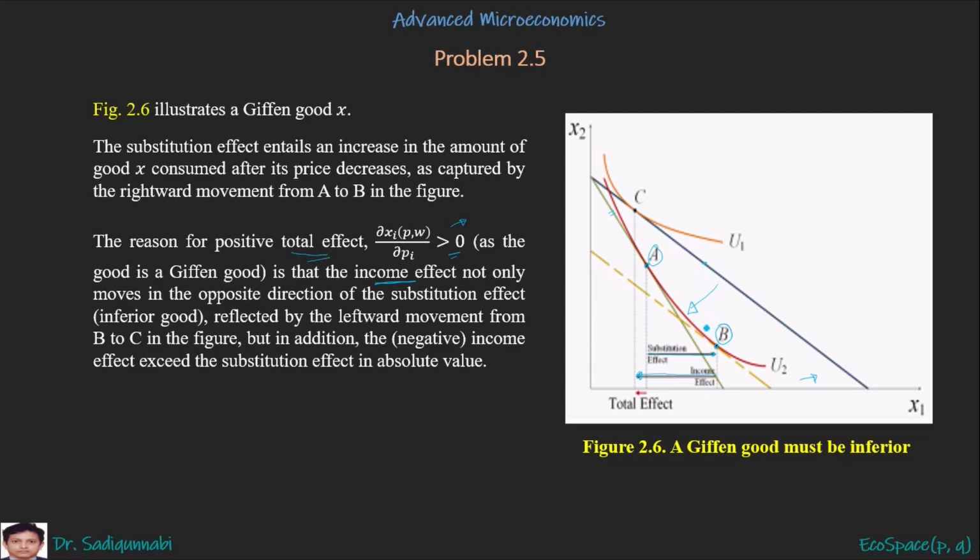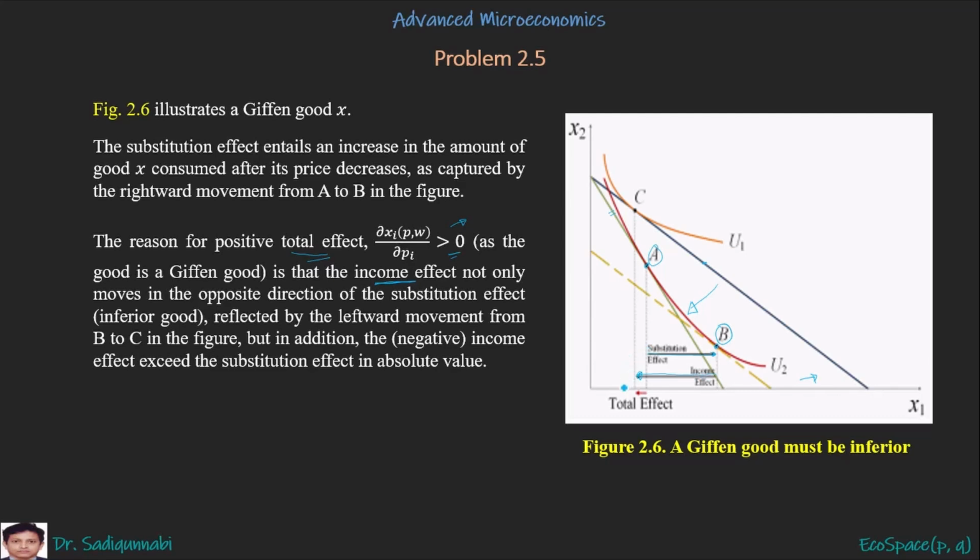So that's why this movement is from A to B and then C. The income effect not only moves in the opposite direction of the substitution effect, reflected by the leftward movement from B to C in the figure, but the negative income effect exceeds the substitution effect in absolute value.